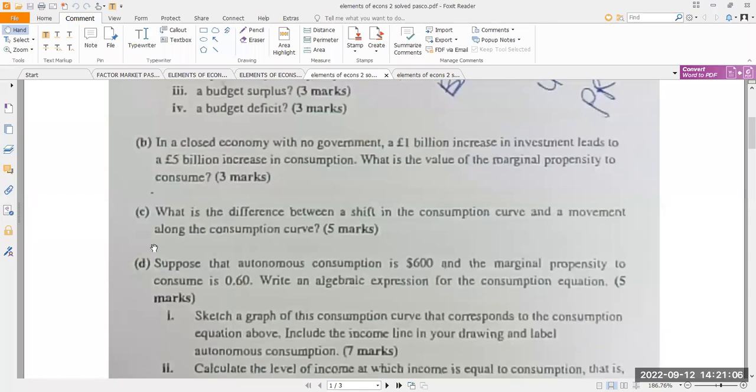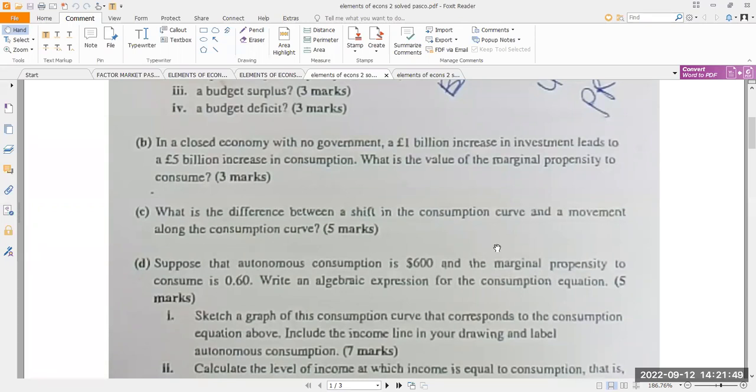All right, let's look at the C part. What is the difference between a shift in the consumption curve and a movement along the consumption curve? Now, the consumption curve is drawn with consumption expenditure against income. So whenever there are changes in income, we move along the consumption curve, holding all the other factors affecting consumption constant.